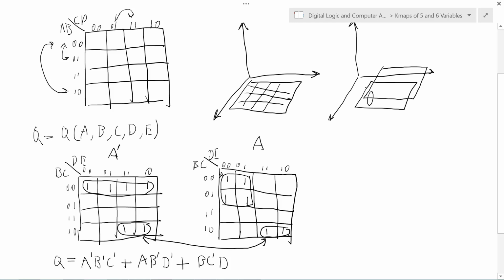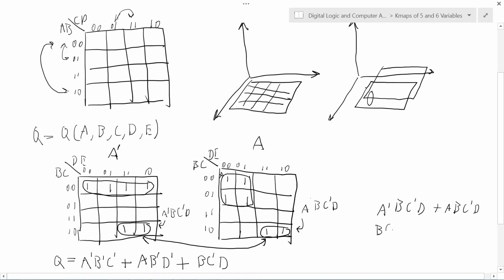If we wanted to, and it was hard to view in 3 dimensions, another way of writing it is to say we have, for this term, A prime, B, C prime, D, and we have for this term A, B, C prime, and D. If we take A prime, B, C prime, and D, and then we OR that with A, B, C prime, and D, we can factor out the B, C prime, D term, and we have A prime or A, and this simplifies to 1.